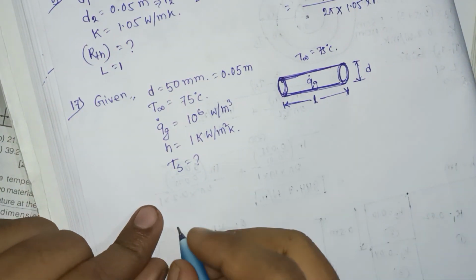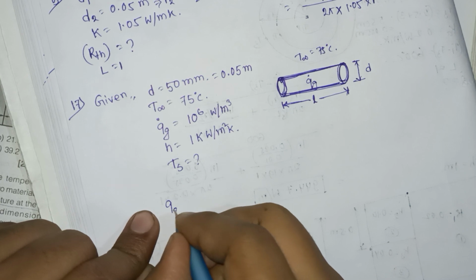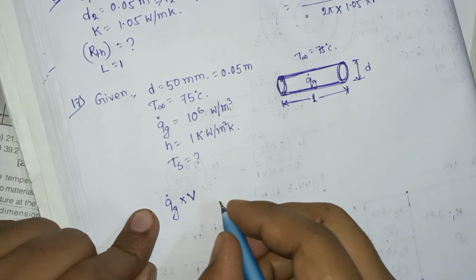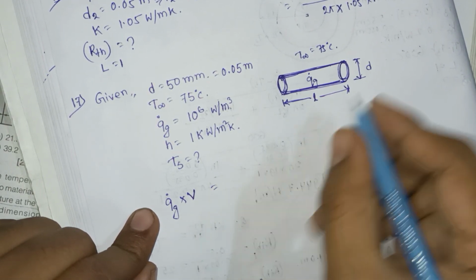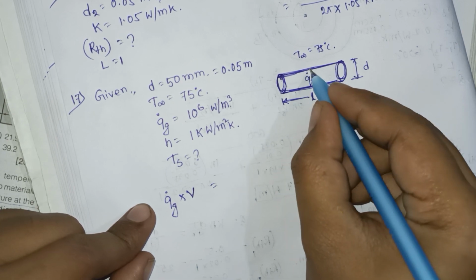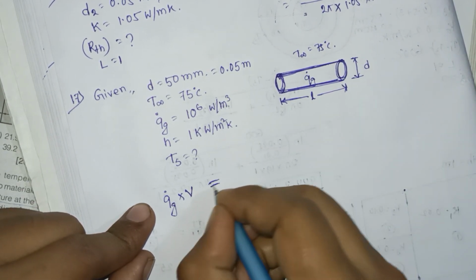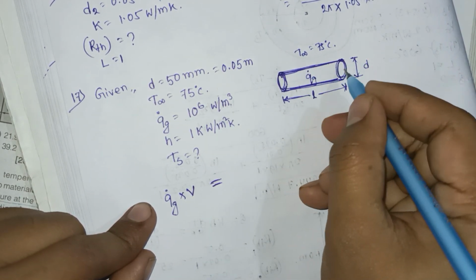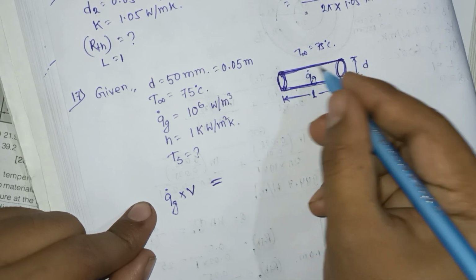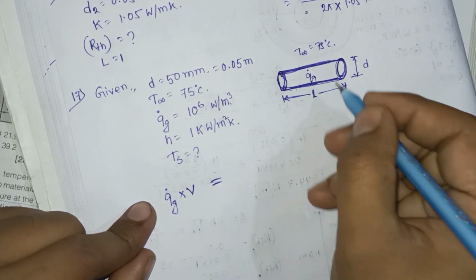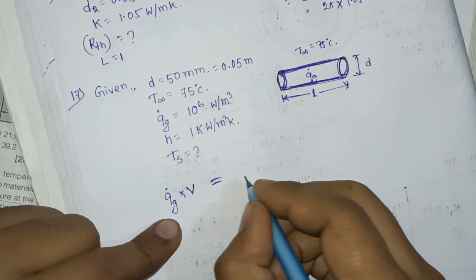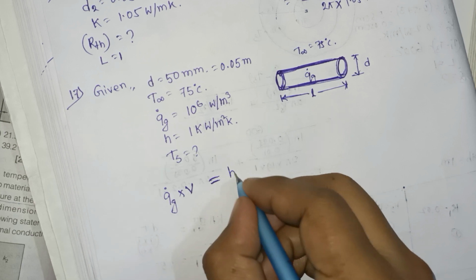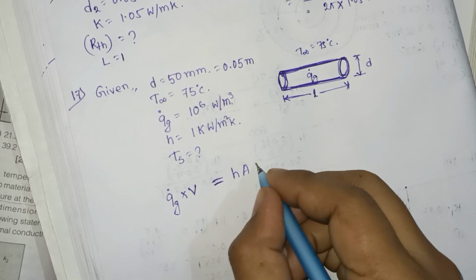তাহলে টোটাল কত হিট জেনারেট করছে, দ্যাট ইজ Qg ইন্টু ভলিউম অফ দিস রড। যেটা জেনারেট করছে সেটাই ট্রান্সফার হবে, আর ট্রান্সফারটা এই রডের ওয়াল দিয়ে হবে। তাহলে এখানে নিউটন ল অফ কুলিং বলেছে h into A into temperature difference.